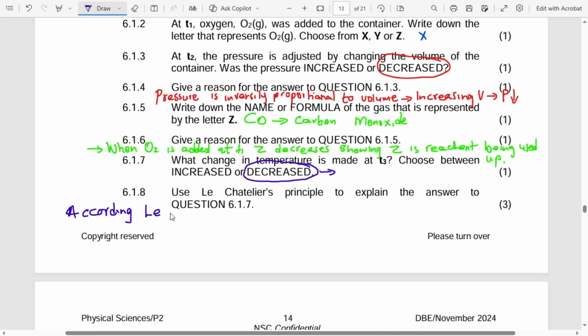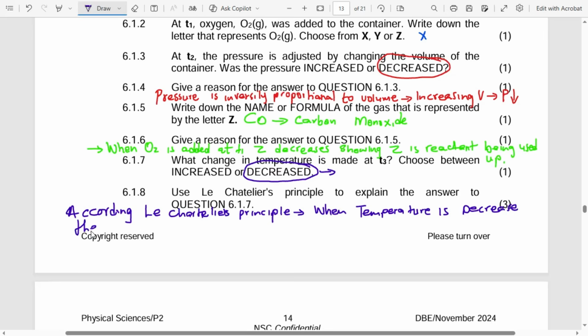According to Le Chatelier's principle, we say that when temperature is decreased, what will happen?